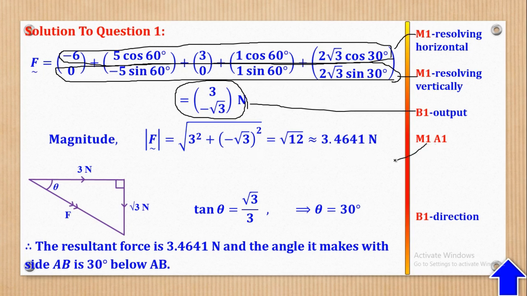Then this M1 is for substituting the formula to get magnitude, and A1 is for the final output to 4 decimal places. And lastly, B1 is for the direction or the angle it makes with side AB. So basically that's how the 6 marks could come about.